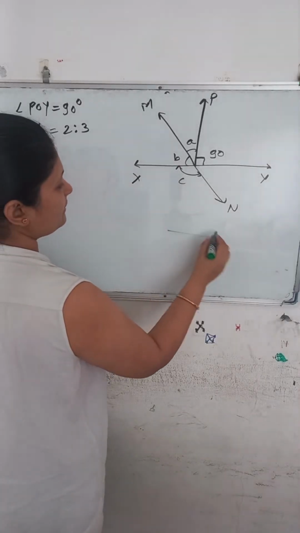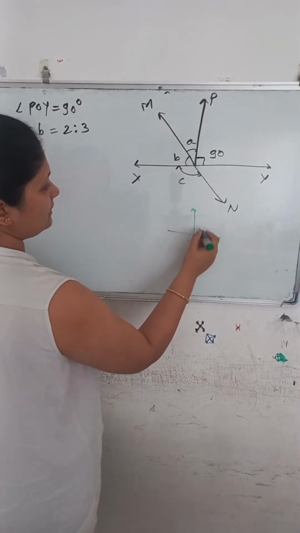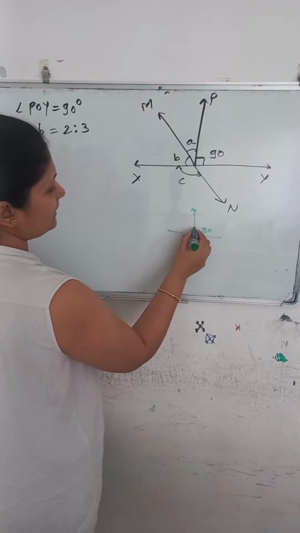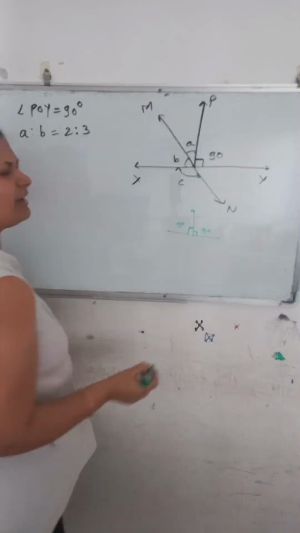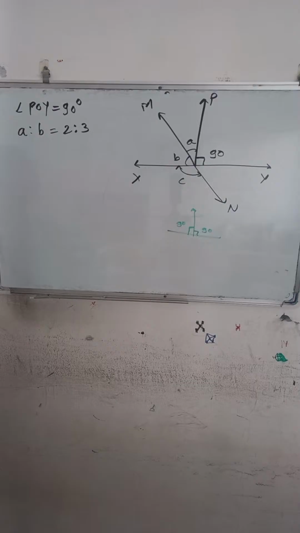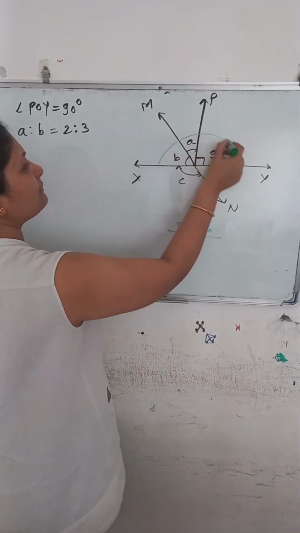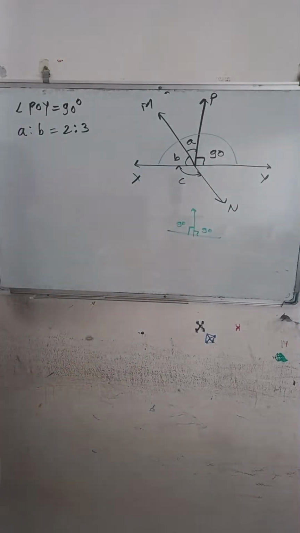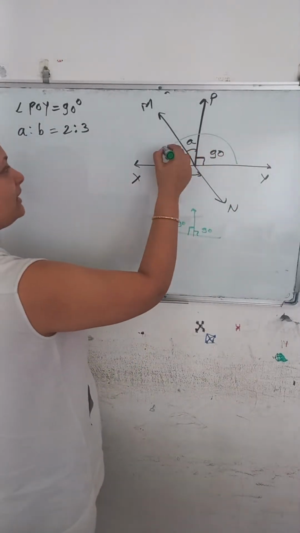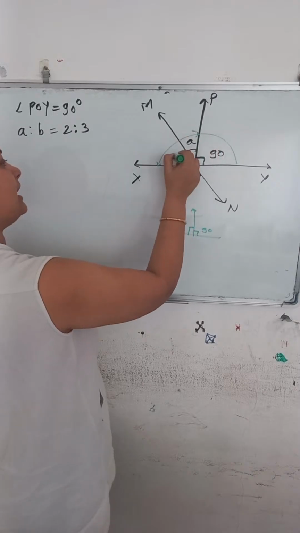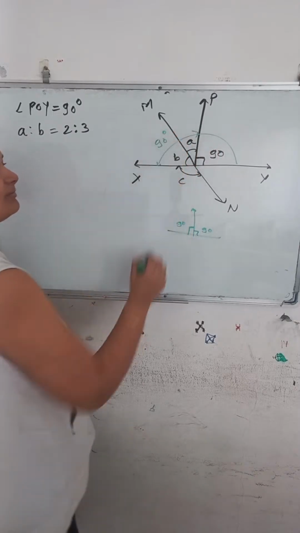This is the line and this is a bisector. So this is 90, then this angle is also 90. Why? Because a single straight line makes 180 degrees. Out of that this is 90, then the sum of A and B is also 90 degrees, no?